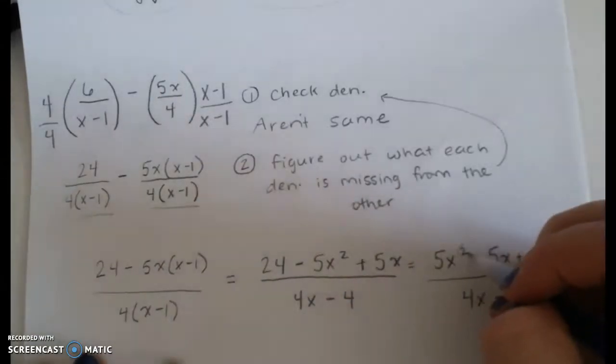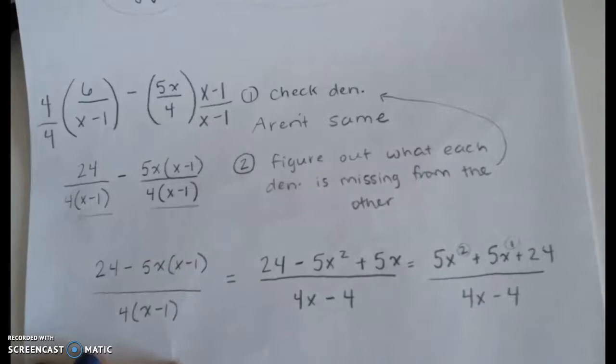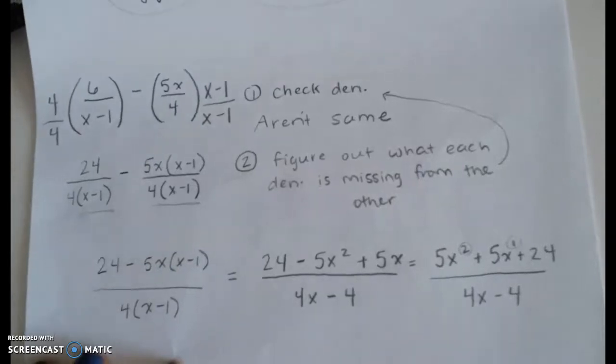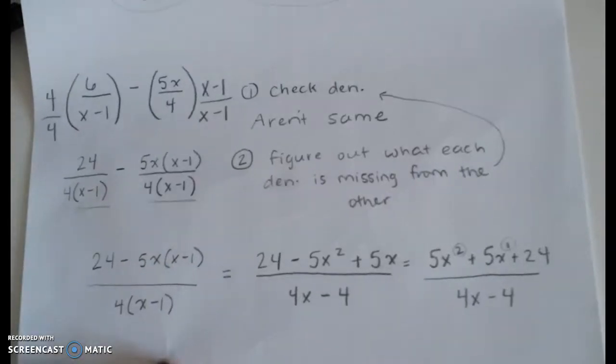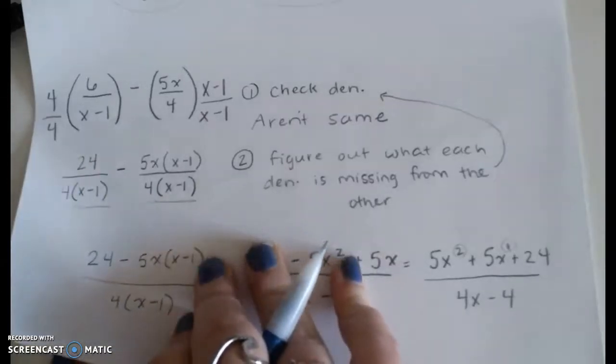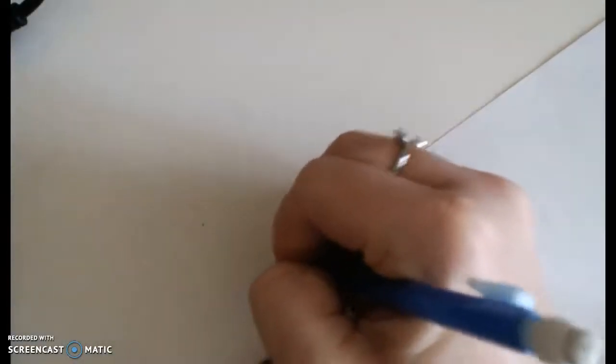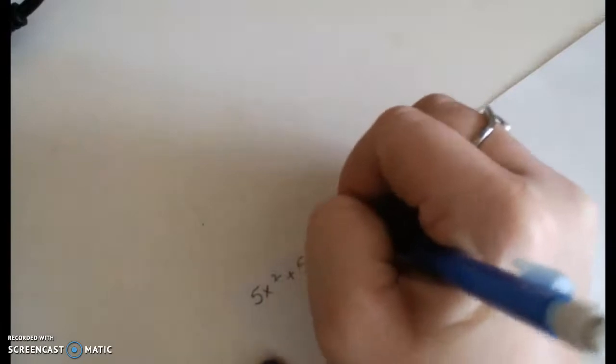We put our highest term first. So let's see if we can factor this. You'll get some factoring review too. I'm going to flip over to the back and copy this equation down.